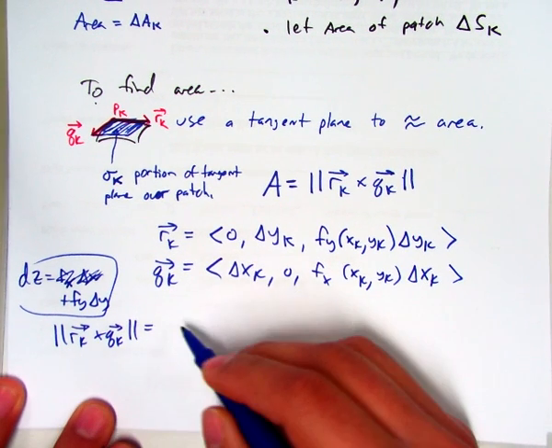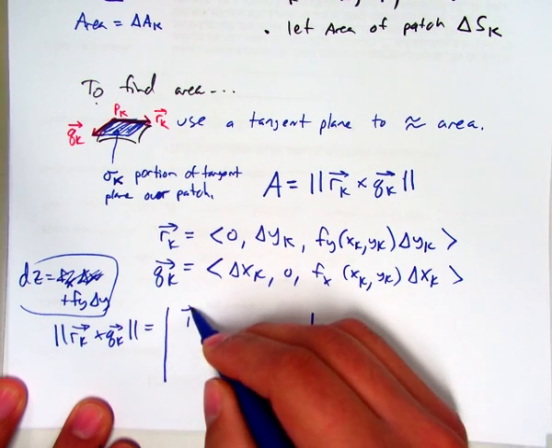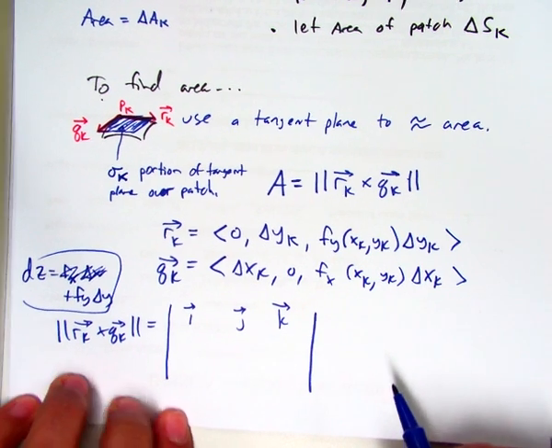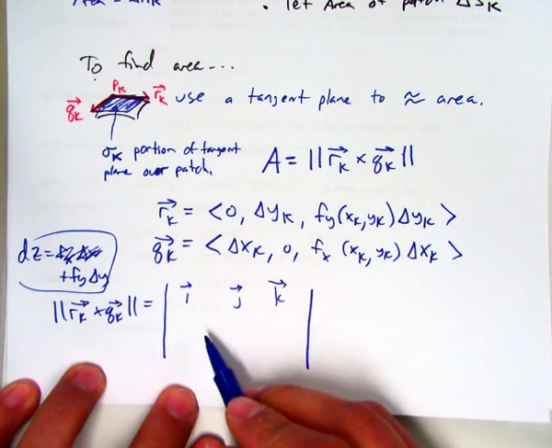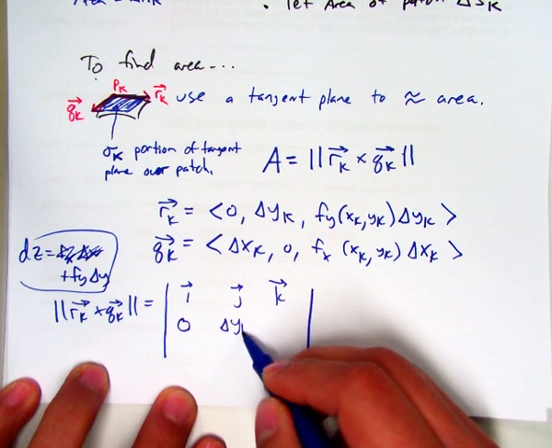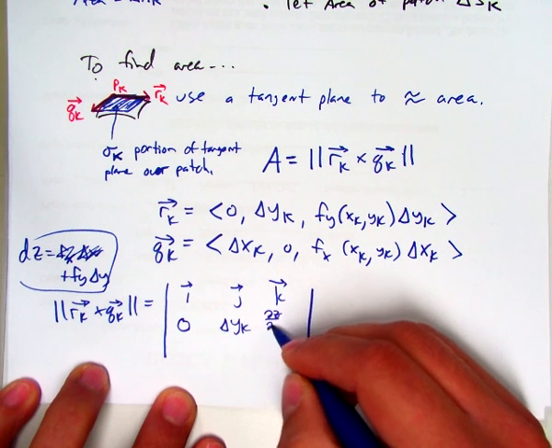So the magnitude is just the cross product. So we'll do i, j, k in the first row. And to make the notation a little less writing, I'm going to stick with 0, delta y sub k, but this I'm going to just call partial z partial y, because that's the same thing.